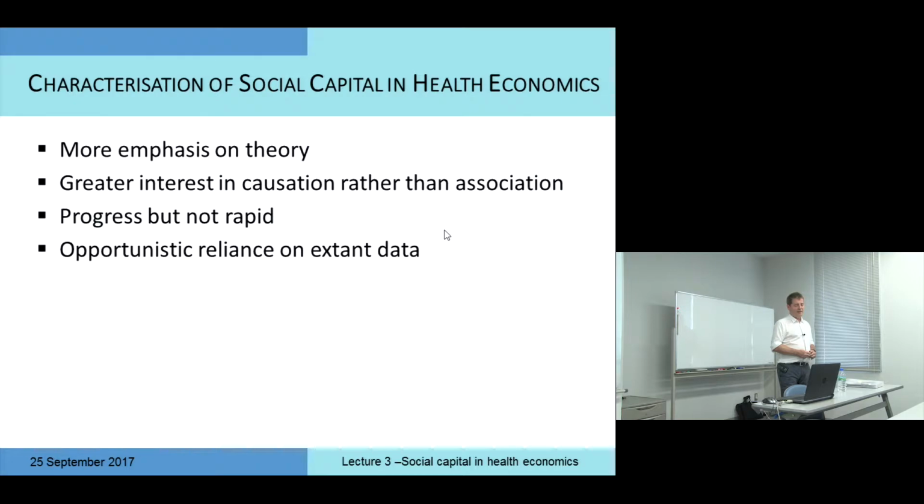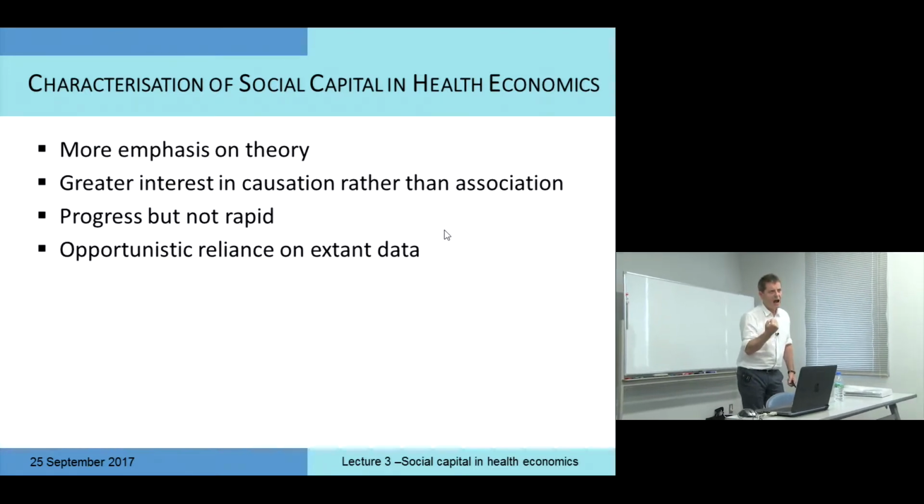That's to some extent a weakness, if you're looking around for something you've got data on and then saying that might be an indicator of social capital, I will use it, rather than starting with what is social capital and, ideally, how could I measure it?